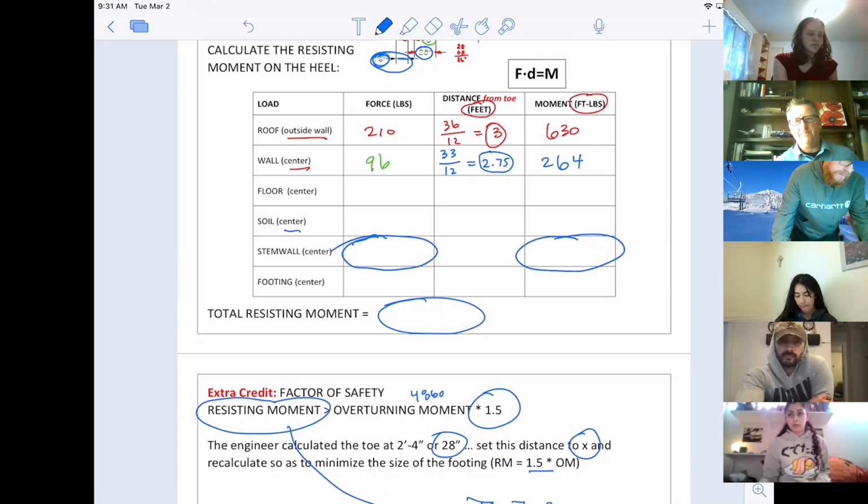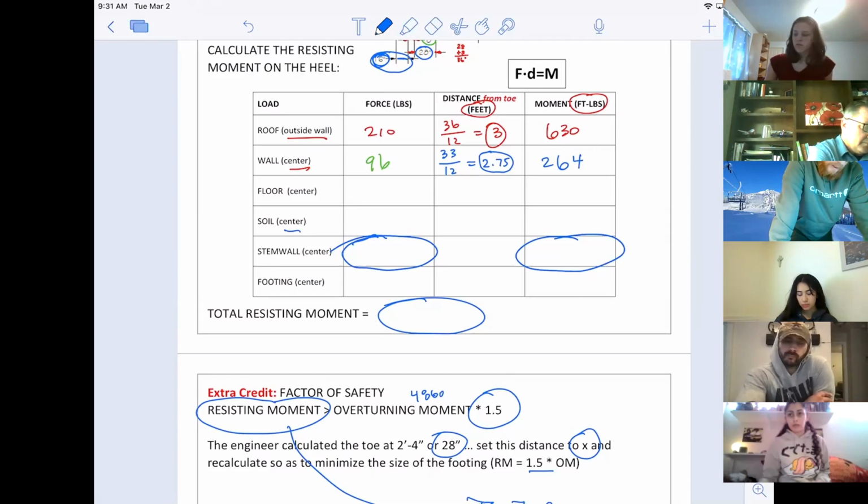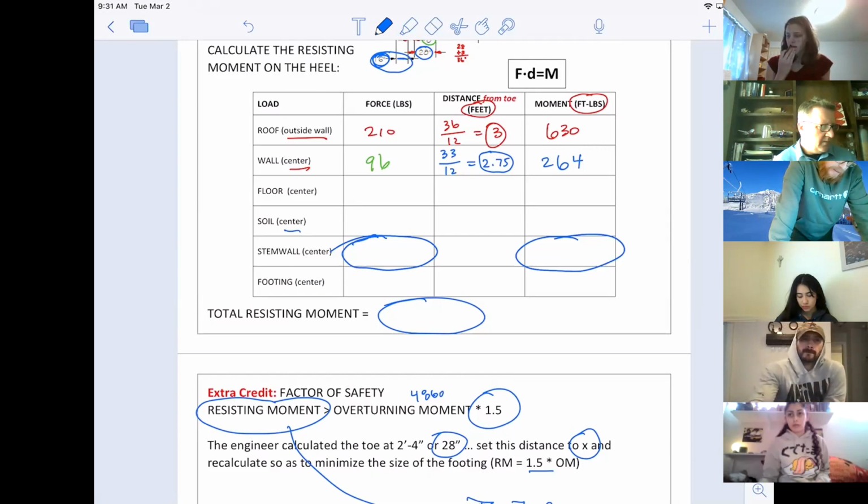So the distance from the toe to the floor, would that be 104 inches? For what? The distance from the toe on the floor, it would be half of that 18 feet plus another 4 inches, right?